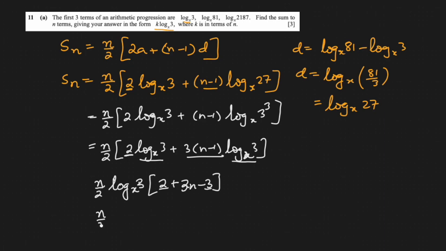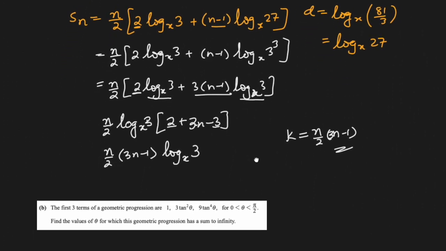So n over 2, and this will become 3n minus 1, and log base x of 3. That's it. So k is n over 2 times (3n minus 1). That's what they wanted, where k is in terms of n. This is k.